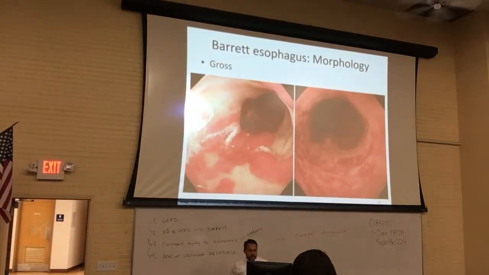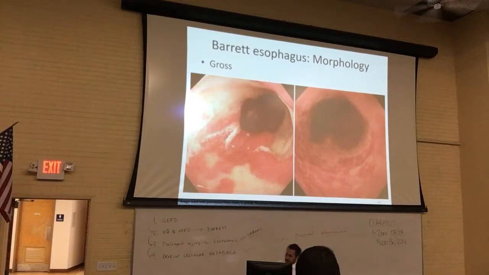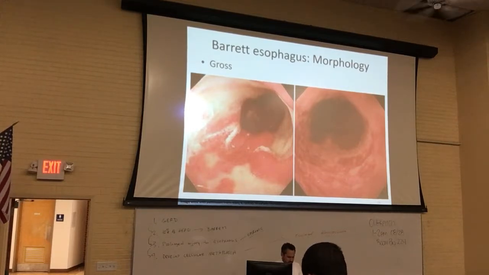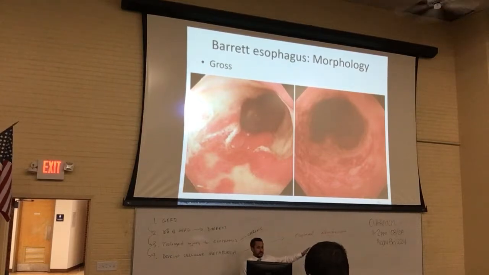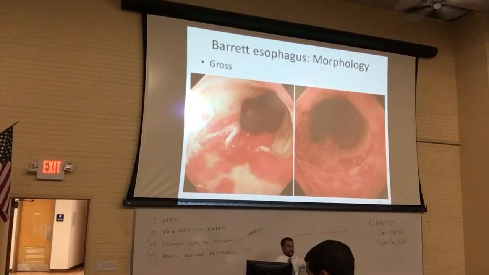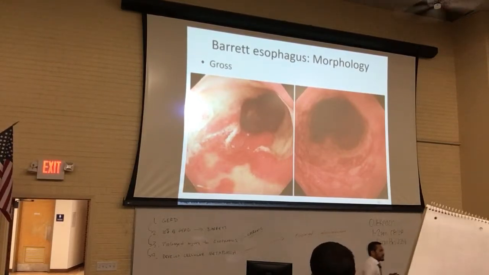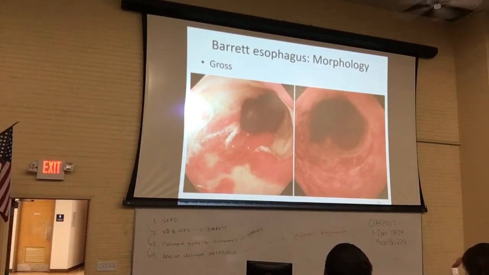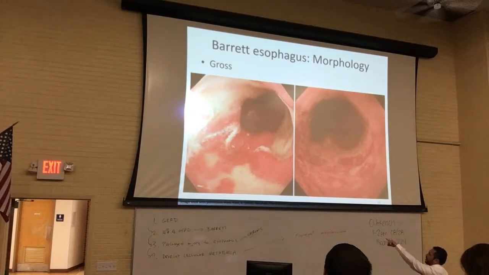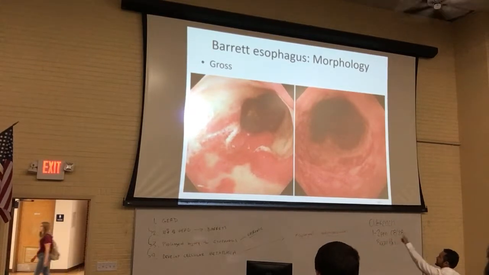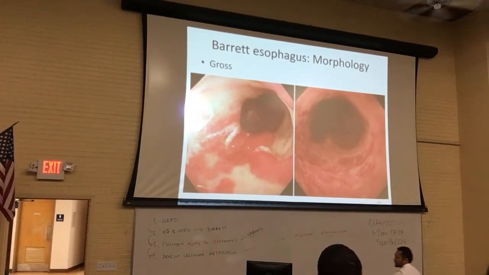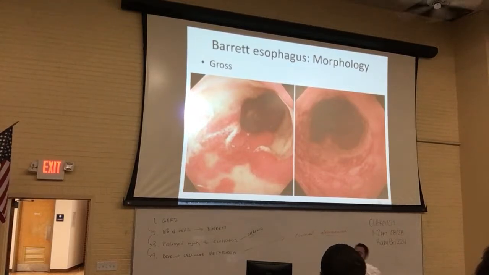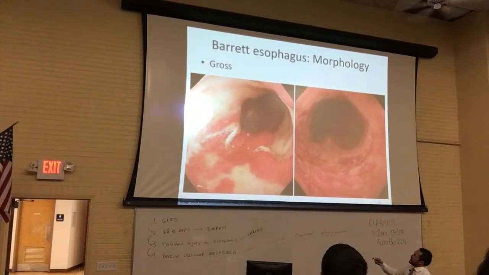All right, so here's a picture down the esophagus. The left image is healthy, and the reason you know that is the stratified squamous. This is a scope going down the esophagus, and all the way around the tube you can appreciate this white, shiny, glistening epithelium.